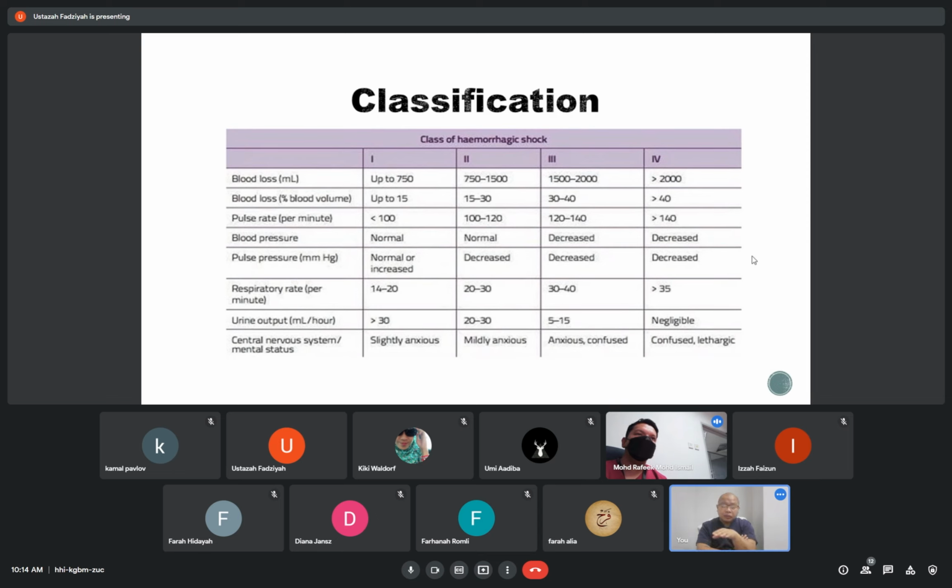Some slides will say class 1 may improve with fluid resuscitation, class 2 start with crystalloid, class 3 you need to consider blood products, class 4 you must start with blood products. Class 3 and 4 are the sort of patients you start safe O. Secondly, this classification of hemorrhagic shock is only applicable to young patients with no medical illness. For extremes of age, pediatric and elderly, this classification can be misleading.